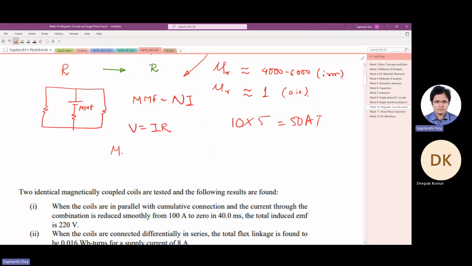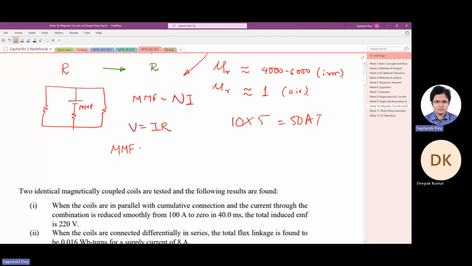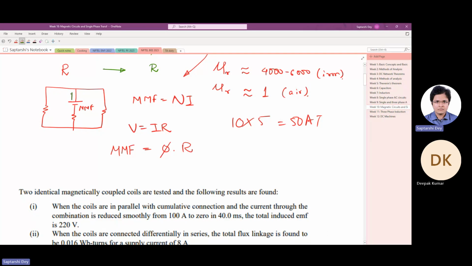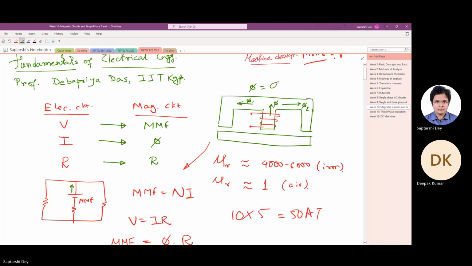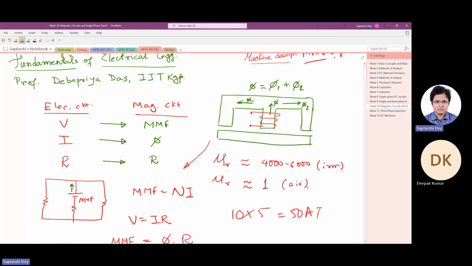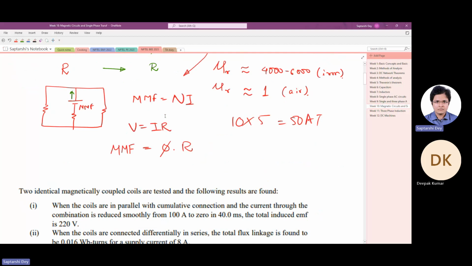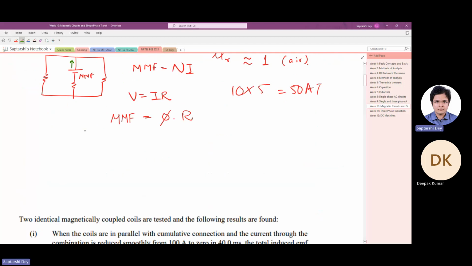Similarly, in magnetic circuit you have MMF equals flux times reluctance, and you can as usual apply KVL and KCL in magnetic circuit also. In magnetic circuit the KCL will be in terms of flux. Say the flux going out phi 1 in this way and in this way, that will be a summation of this. So here we can write phi is equal to phi 1 plus phi 2. So the regular KCL works in magnetic circuit. So this is the way to solve magnetic circuit.